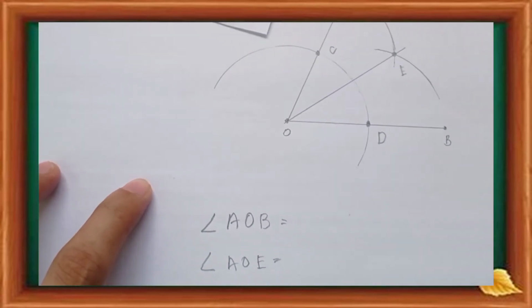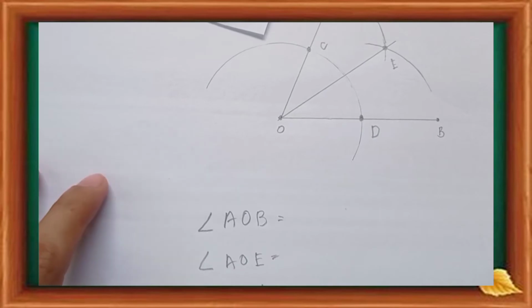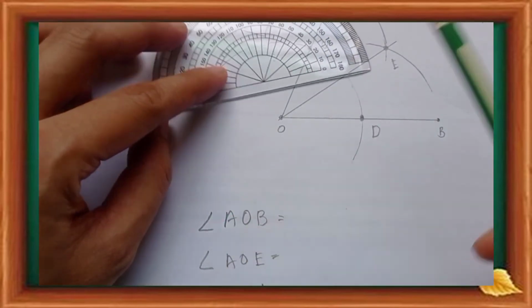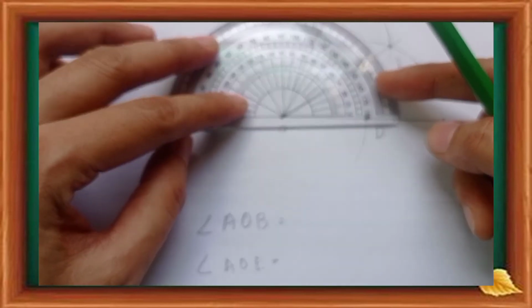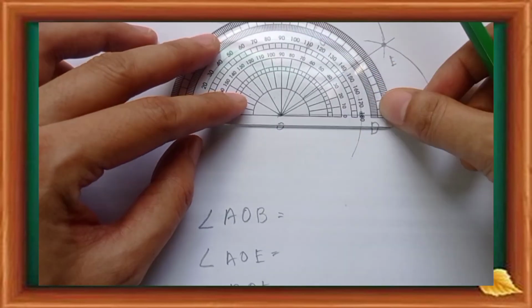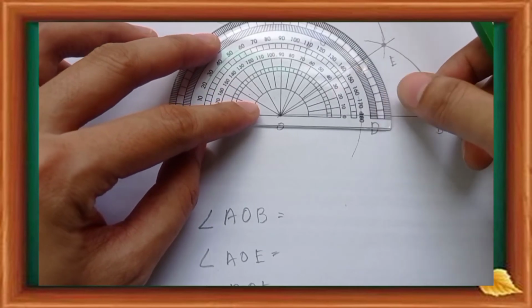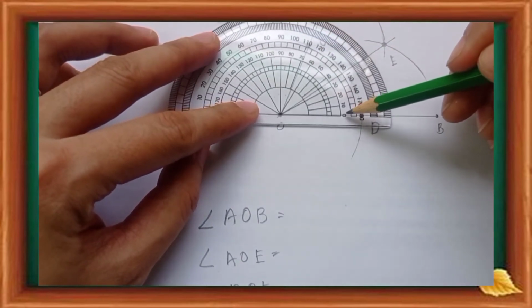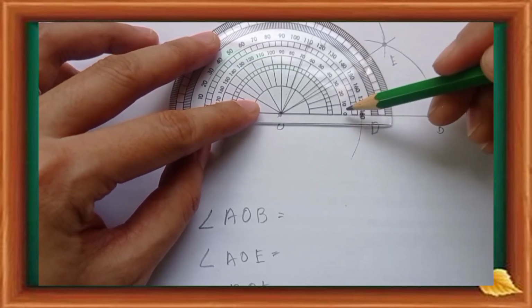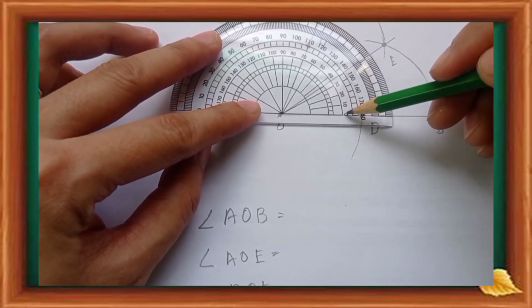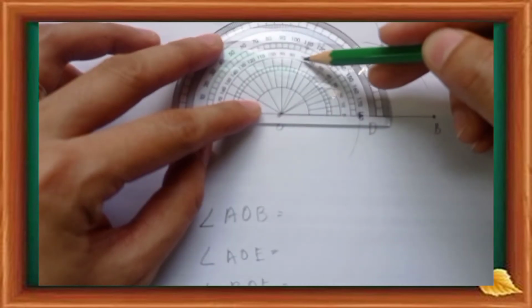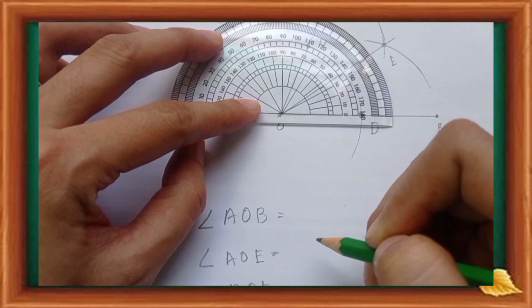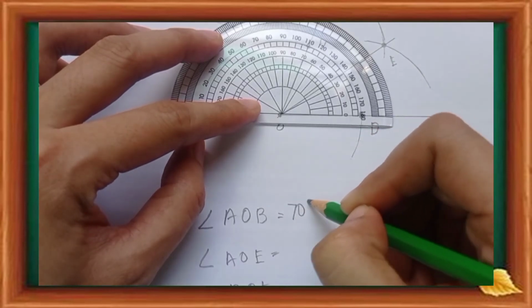Let us measure the angles that we have. Let's first measure angle AOB. Using the inner scale, that is 70 degrees.